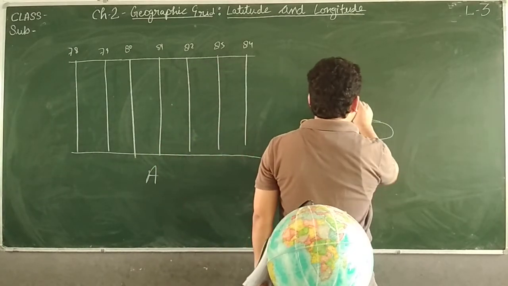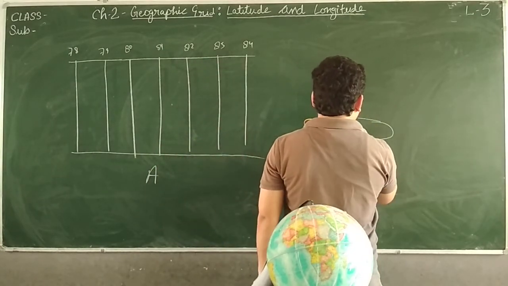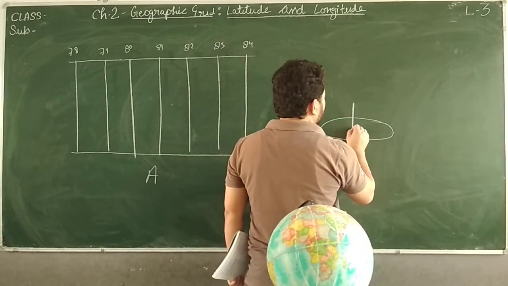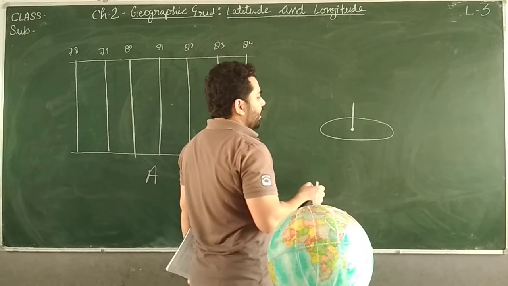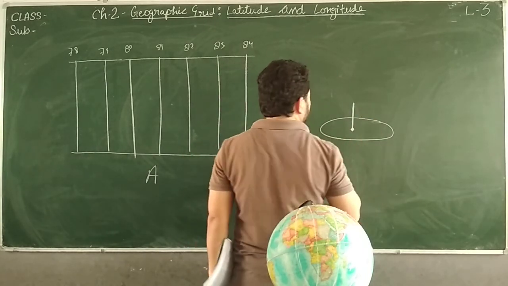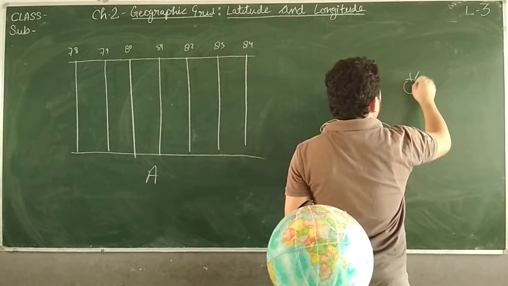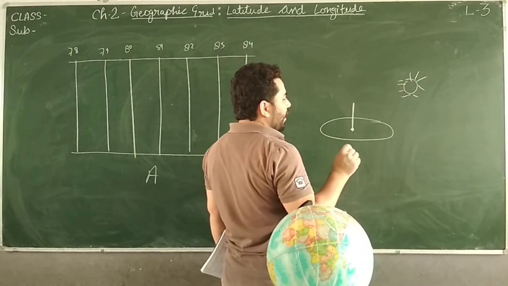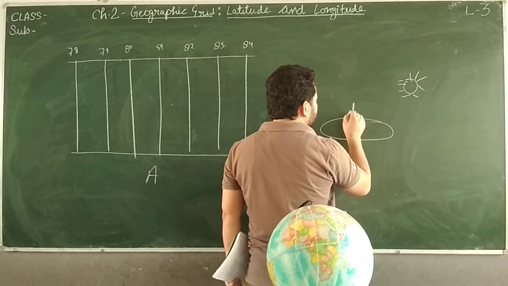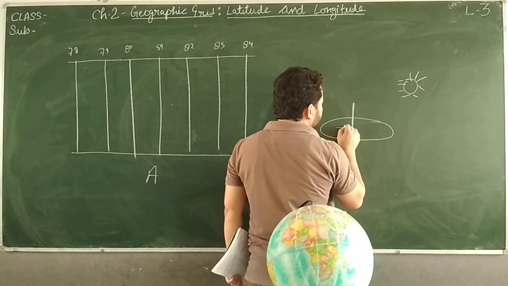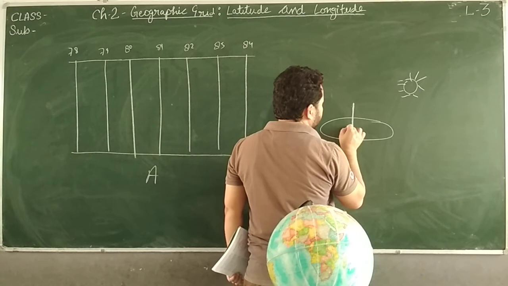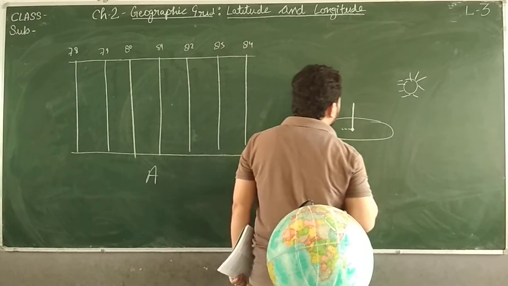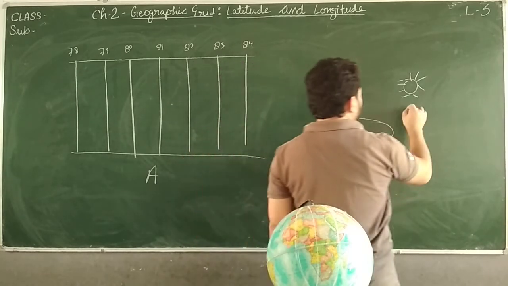Just take a peg or any stick and fix it in the ground, and keep noticing the time when the shadow of this peg is shortest. That will be the noon time.